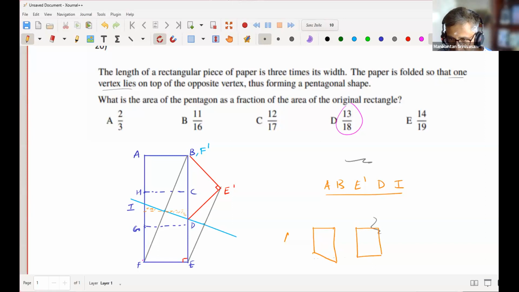Since the bottom region is the same as this region, I can put that back here and just say effectively it's half of the big rectangle. So this portion compensates for this portion. So I can put that here and just say half of the entire rectangle is being taken up. Are you guys with me?